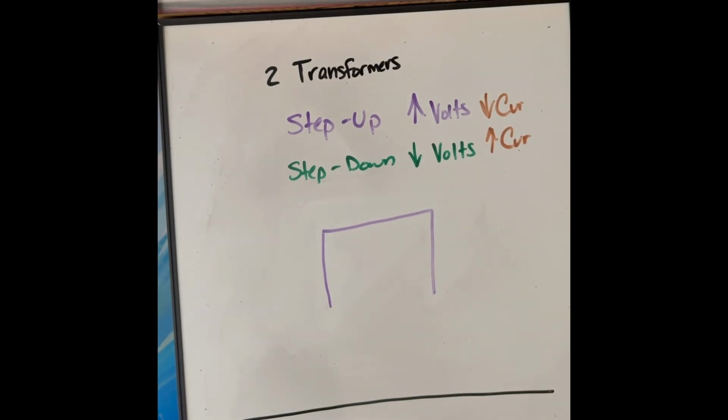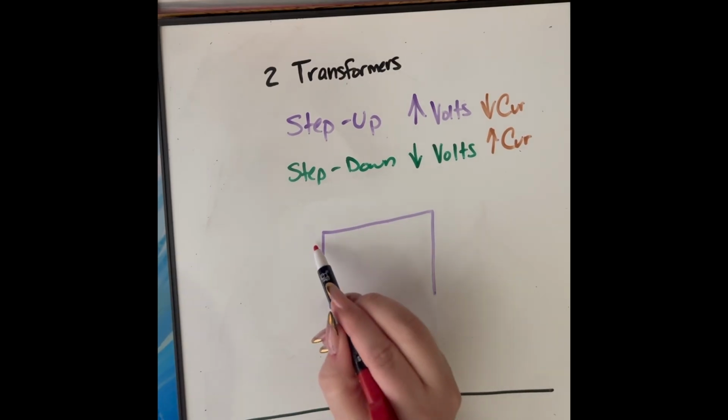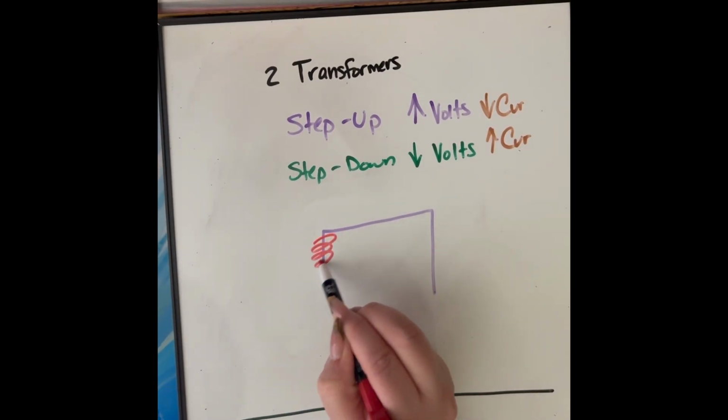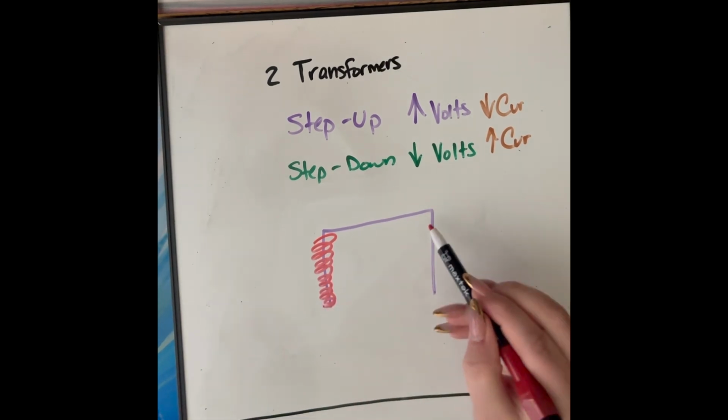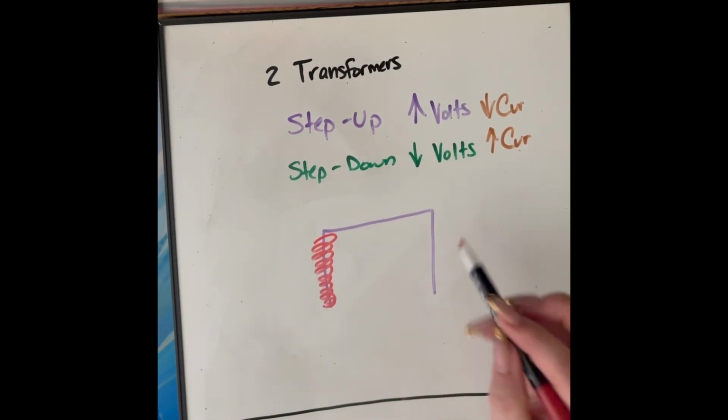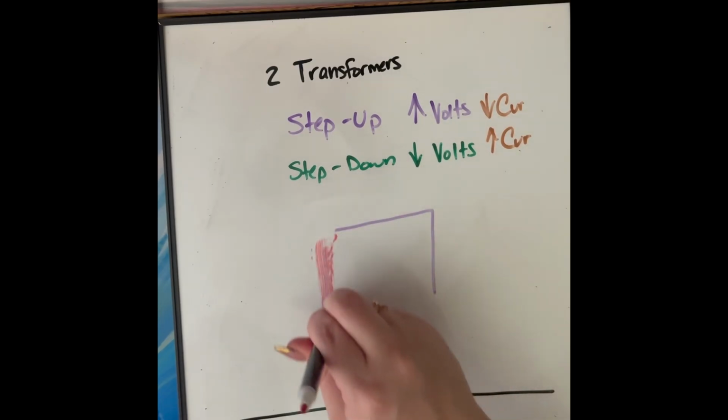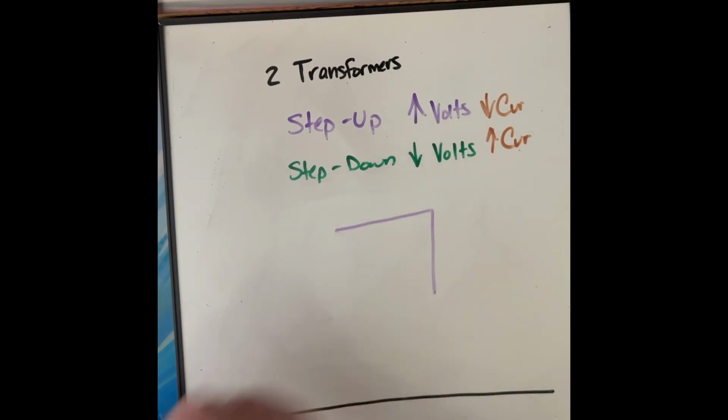So our step up transformer is going to look like this, and it's going to have windings on it. What are our windings and what do they do? Well, our windings are like these little loops here. Ignore this for half a second.